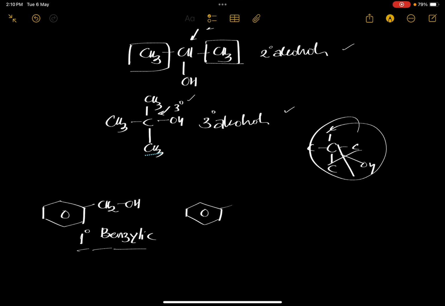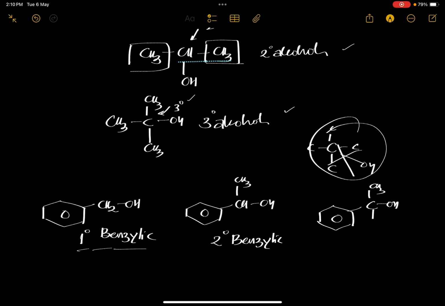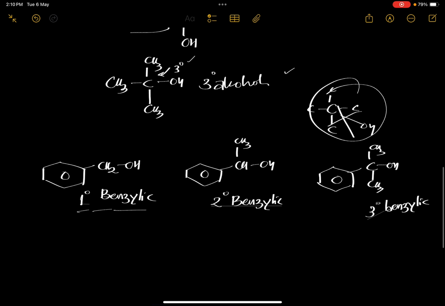If benzene is there, CH, OH, and if it is a methyl group or any alkyl group, you can say this is secondary benzylic. In the same way, if it is C, OH, methyl and methyl, it is tertiary benzylic. Primary benzylic, secondary benzylic, and tertiary benzylic.